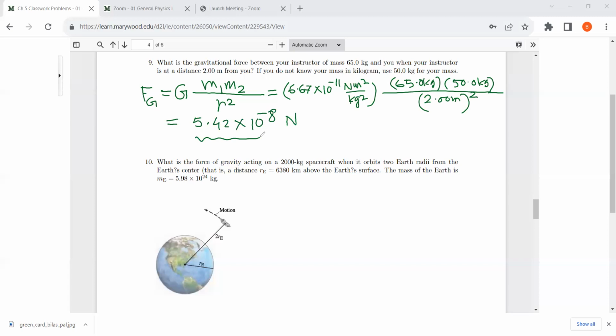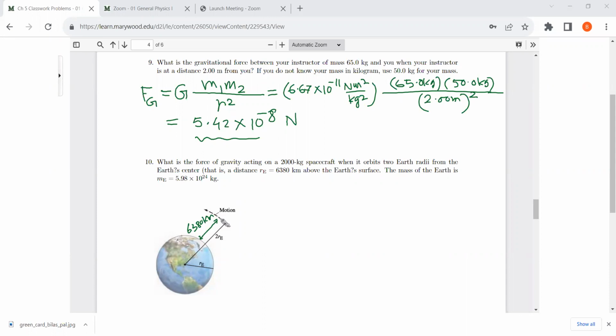All right, then problem number 10 is also very similar. Here we are going to measure the gravitational force between the satellite and the earth. Now here you see that the satellite is 6380 kilometer from the surface of earth.